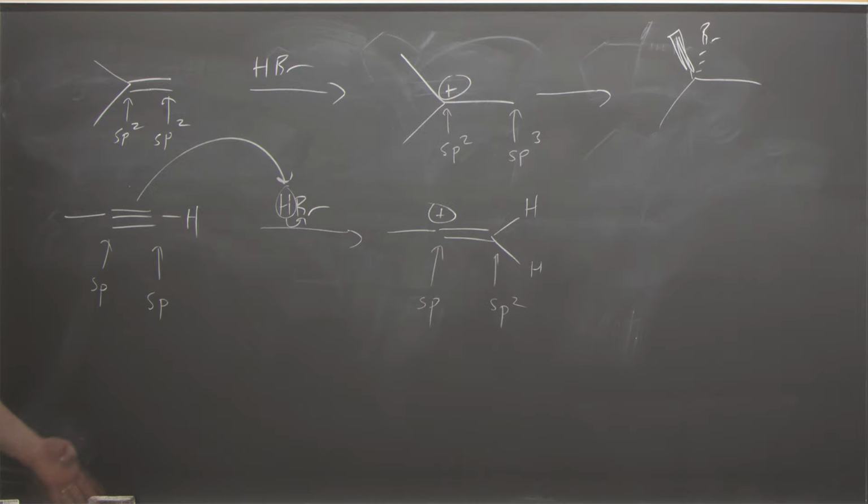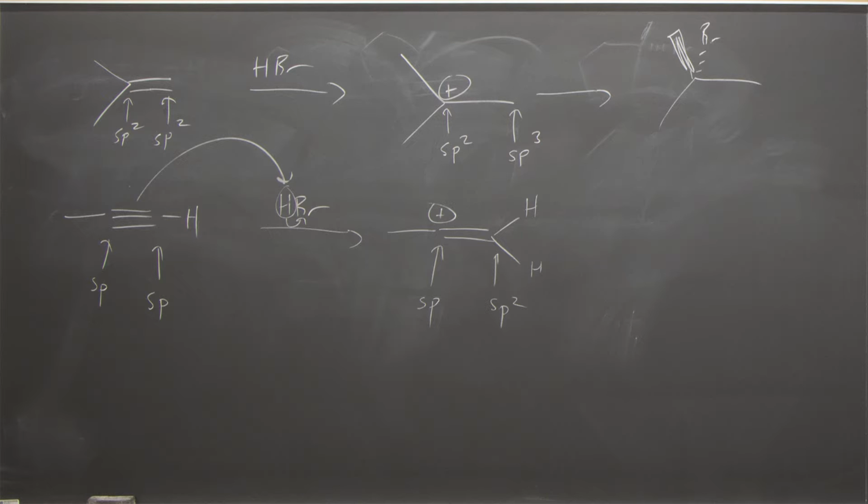So what we're going to have at first is this. Where we've gone through an attack similar to before, the pi bond attacking the hydrogen, causing it to ditch the bromine. That gives us now a hybridization on one side that's changed. Here, these were both sp2 for the alkene.